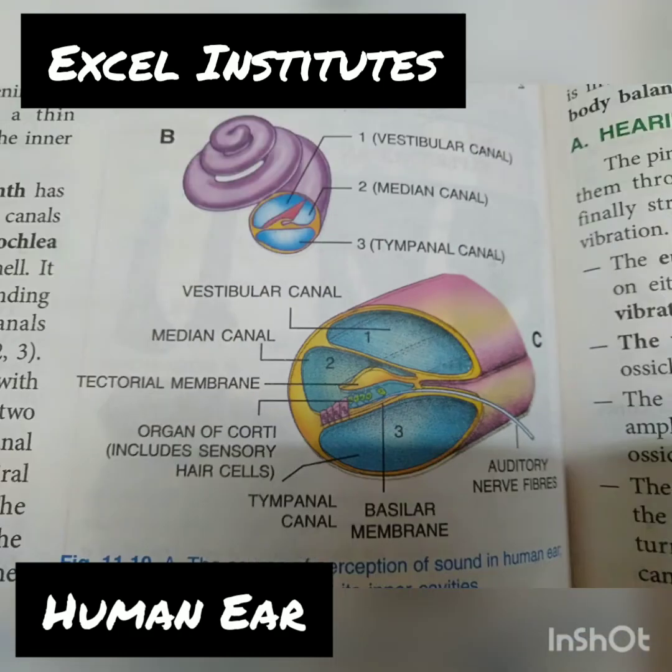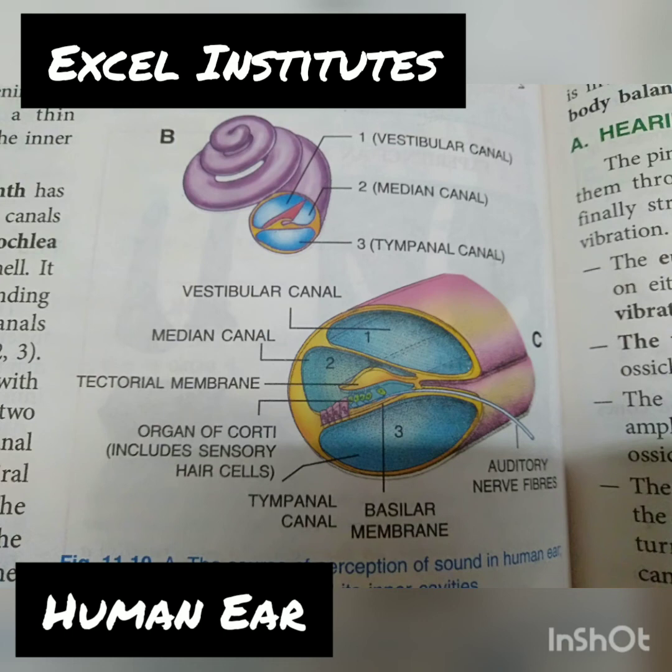Now here you can see the close-up of your cochlea cross section. Okay, ऊपर वाला cavity vestibular canal, बीच वाला second one median canal and the third one is the tympanal canal. Now you see there is a tectorial membrane in the median canal. Then you can see the organ of Corti which includes the sensory hair cells.